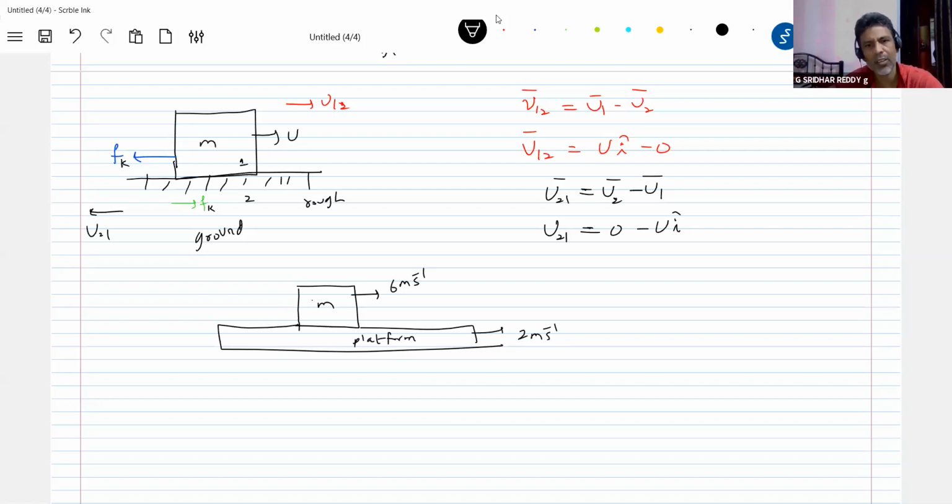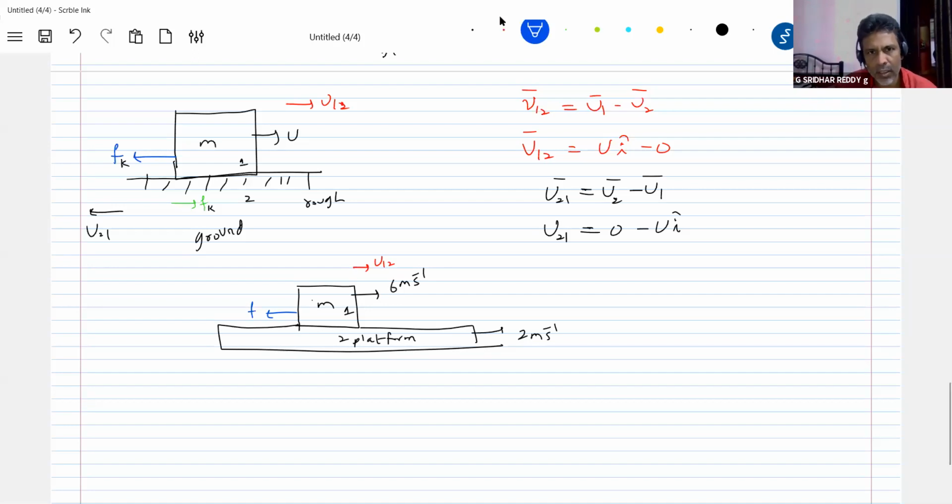Now I'm asking, what about the direction of friction on them? How to predict? Again, the same formula. Velocity of 1 with respect to 2. So how will U12 bar be? U12 bar, velocity of block with respect to platform, will be in this direction. So therefore the friction on the block by the platform will be in this direction.